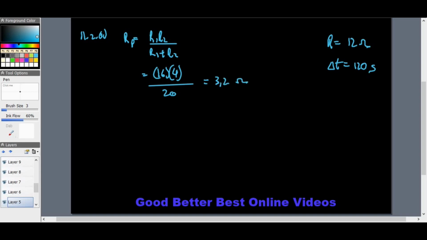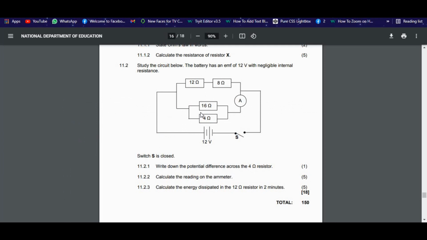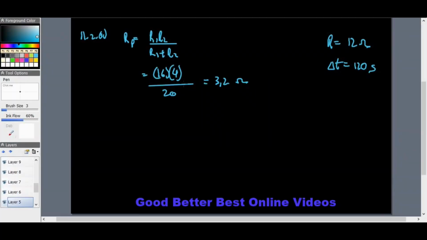Now you've got to be careful here. These two parallel resistors are in parallel to these, so you've got a parallel branch and a small parallel branch. You've got 2 in 1, so you need to watch out for this. Now you need to take R parallel again, which is basically the 3.2 ohms multiplied by 20.